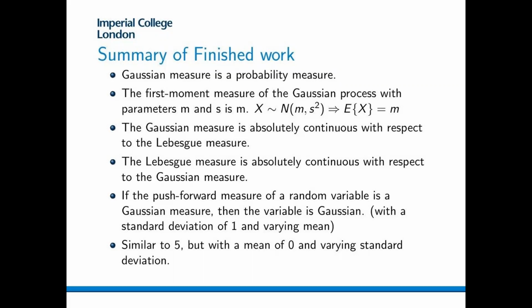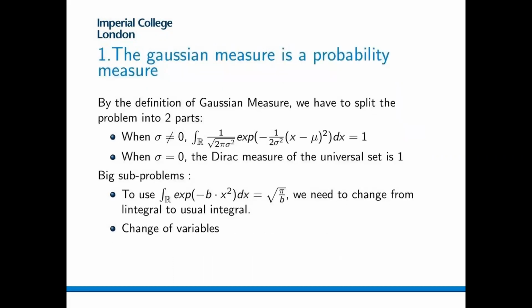The random variable here should have standard deviation 1 and varying mean, which is denoted by m in our proof. The last one is similar to the fifth one, but in that case we have a random variable with mean 0 and denote the standard deviation with s. So now we will talk about the results one by one in detail.